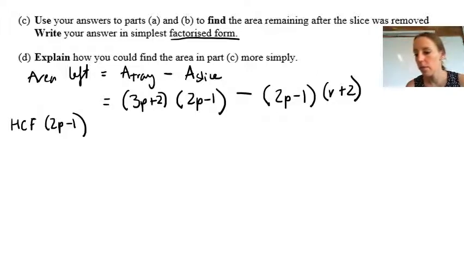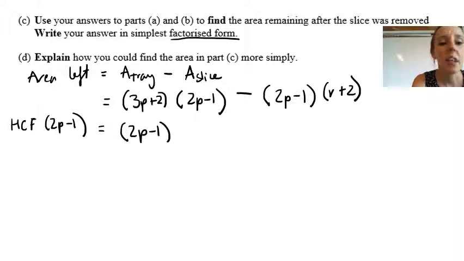No, the length. Whatever it was, the width, the length, can't remember, in common. So they've both got that 2p take 1. So from here, I can just factorize my expression. So I'm going to write that highest common factor out the front. So it's going to be the 2p take 1.